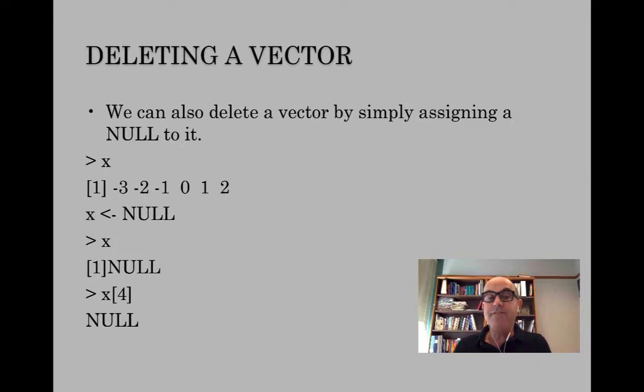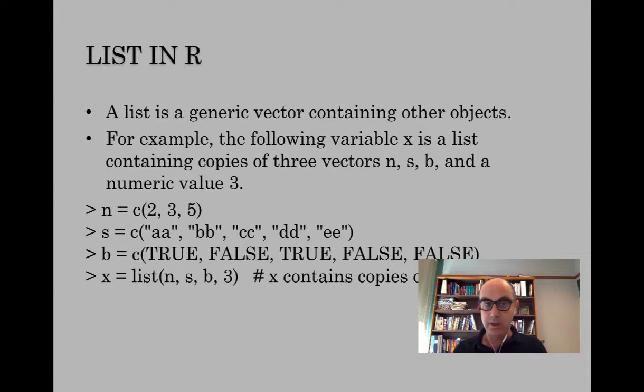For example, if x is -3, -2, -1, 0, 1, and 2, and we assign NULL to it, it will delete all the values held in the container x.